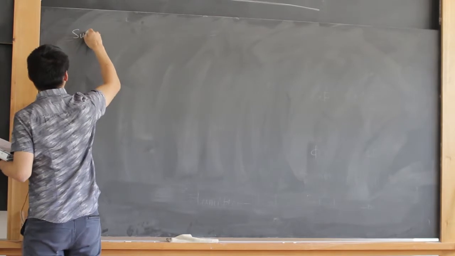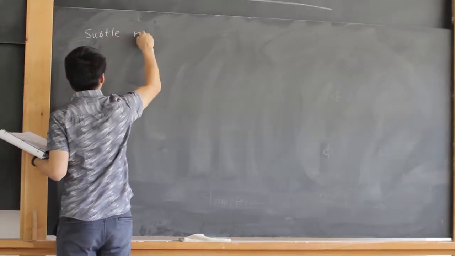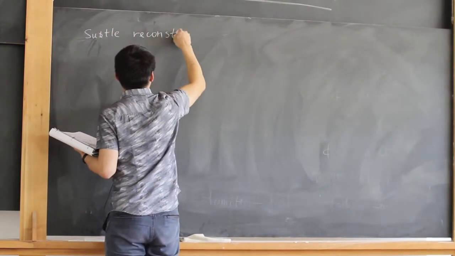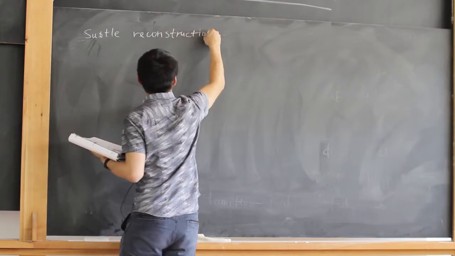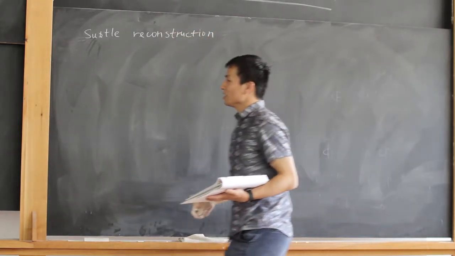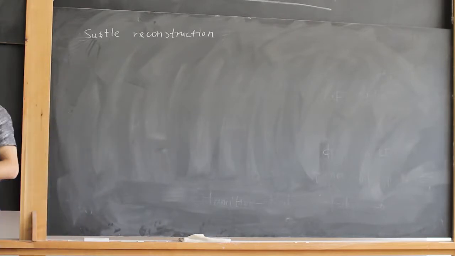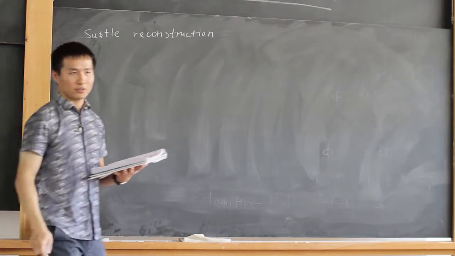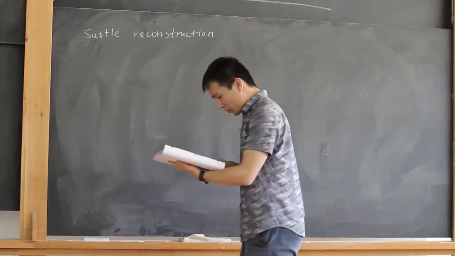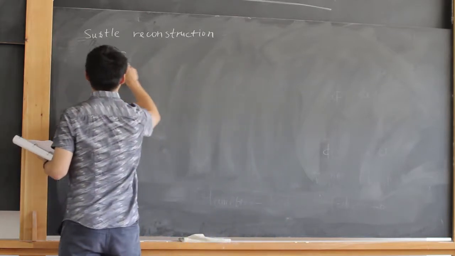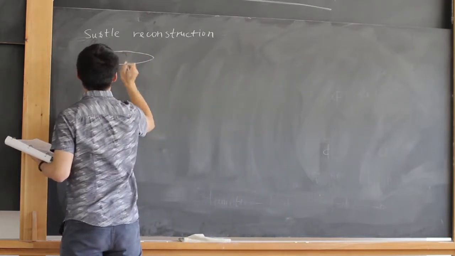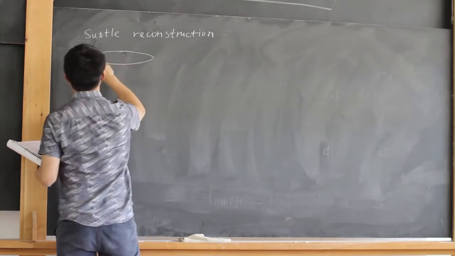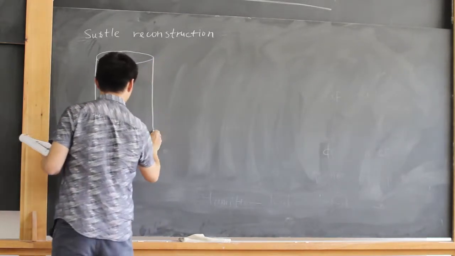So a more subtle reconstruction is that we can actually perform the same kind of reconstruction, but restrict to a subregion on the boundary. So how do we do that? So let's draw another picture, which will be slightly more confusing than that one, but I'll try my best.